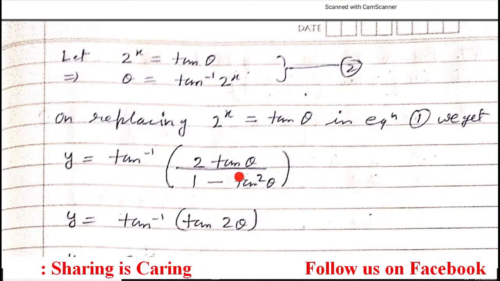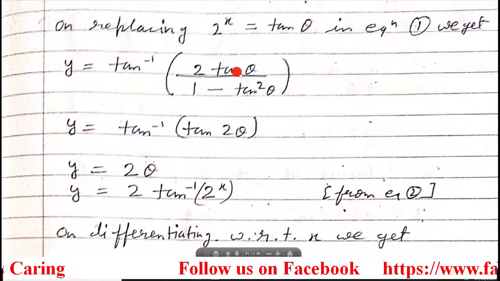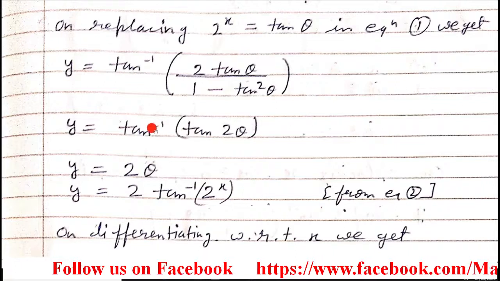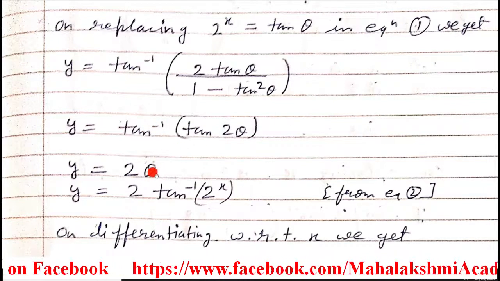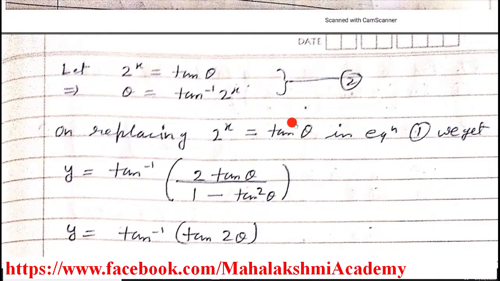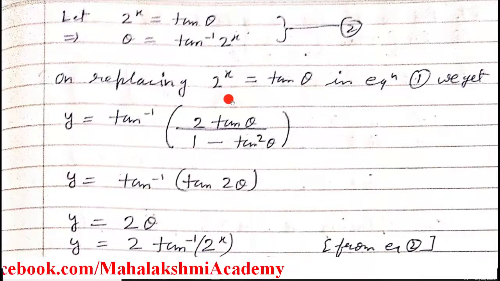So see this replacement. Now it is the formula of tan 2 theta. Since it's the formula of tan 2 theta, we replace. Now tan and tan will remove each other, so we will obtain here only 2 theta. So this theta, from equation second, is tan inverse of 2 to the power x.